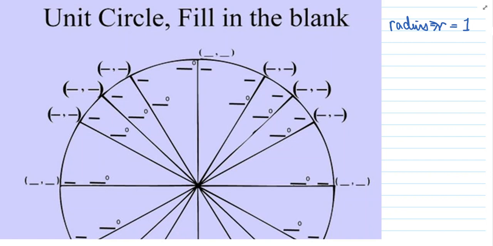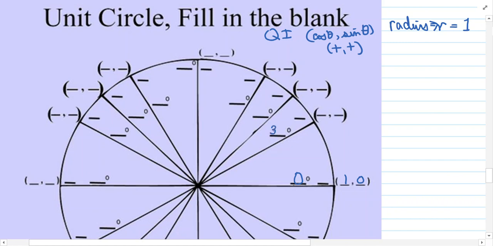And here is quadrant 1, where cosine of theta and sine of theta replace x and y. And we know it is positive, positive. All right. So at 0 degrees, we have 1 for the cosine and 0 for the sine.